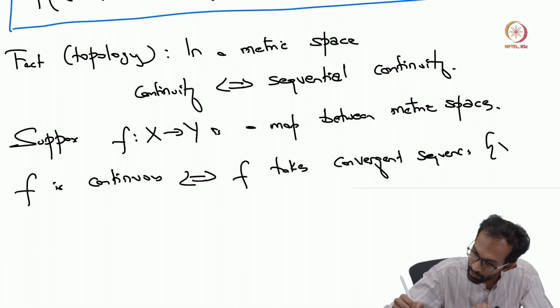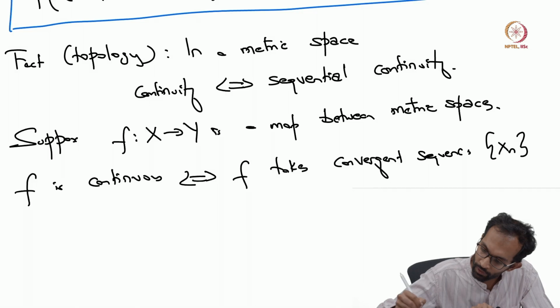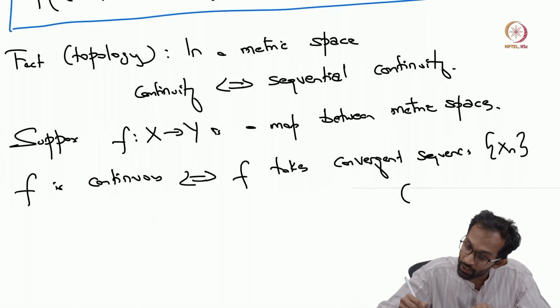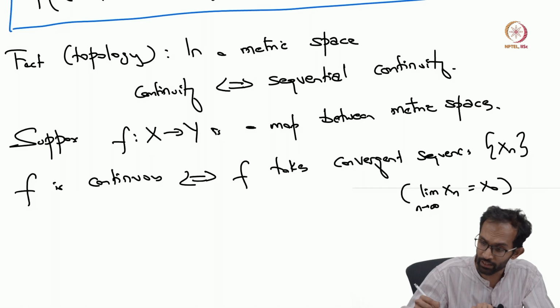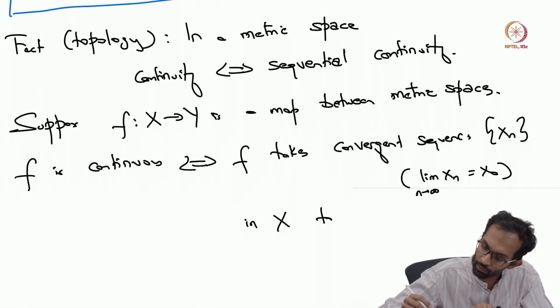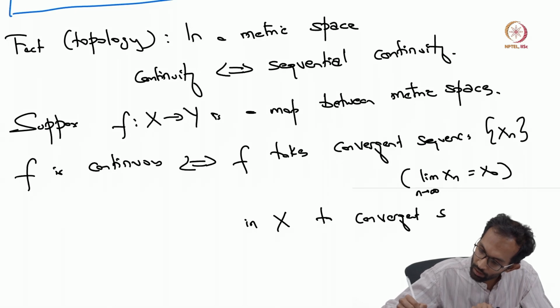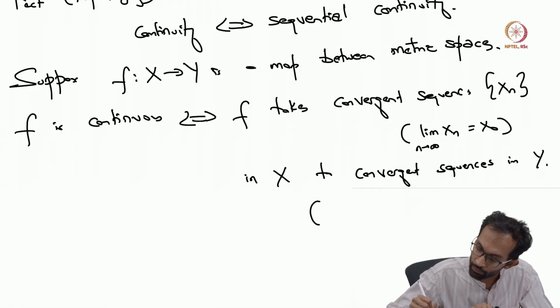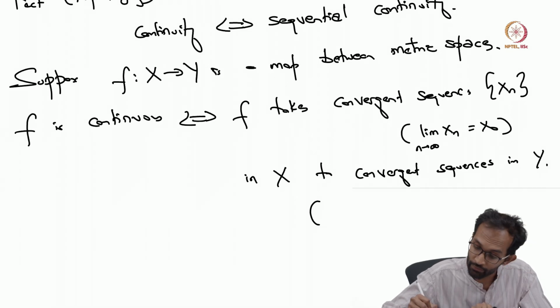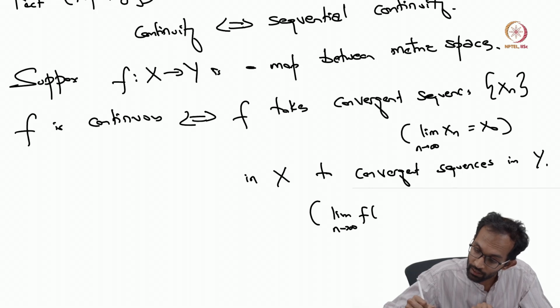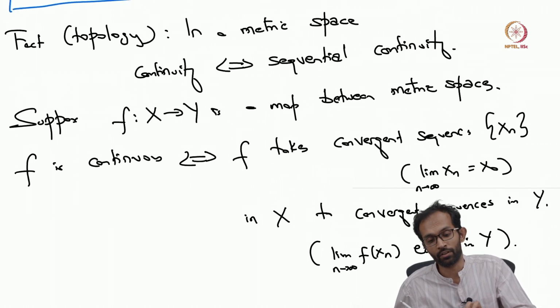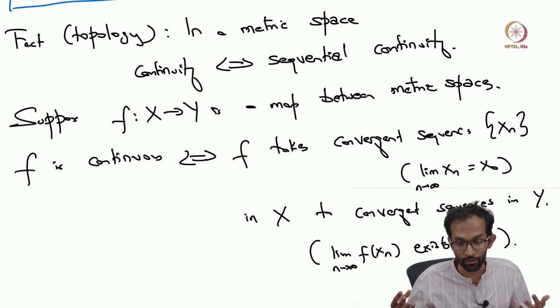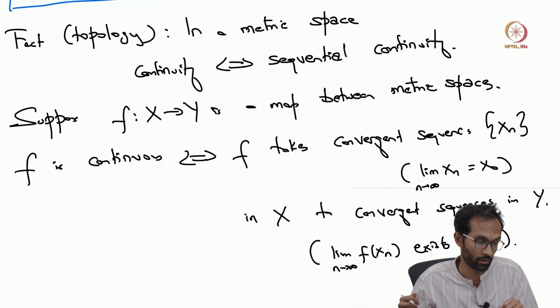So suppose you have a convergent sequence, let's say x_n, and what does it mean for it to be convergent? That this limit exists and it's some x naught. So f takes convergent sequences in X to convergent sequences in Y. So if you give me a convergent sequence, then it's enough to check that the limit as n goes to infinity of f of x_n exists in Y. Okay. So in other words, if you have a map between metric spaces, it's enough to prove sequential continuity to deduce that the map is continuous.